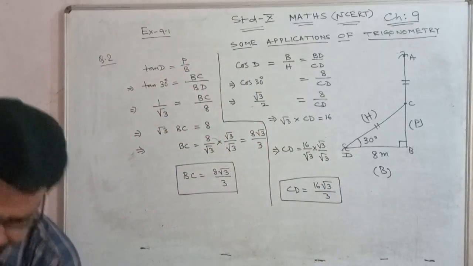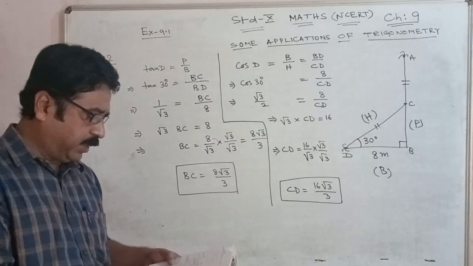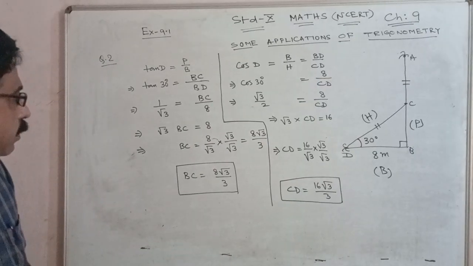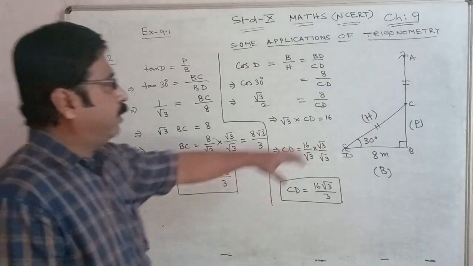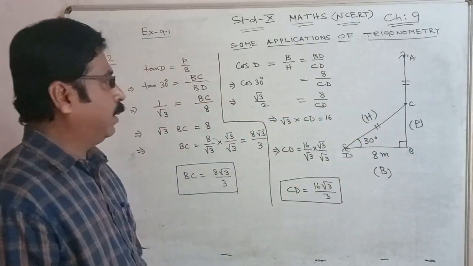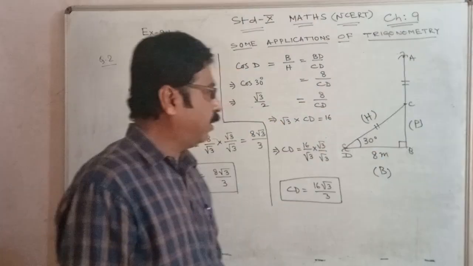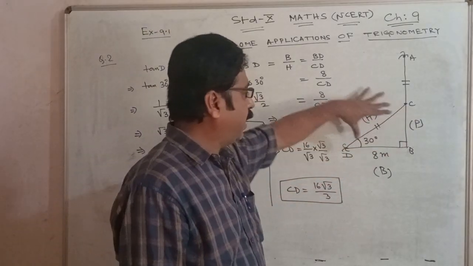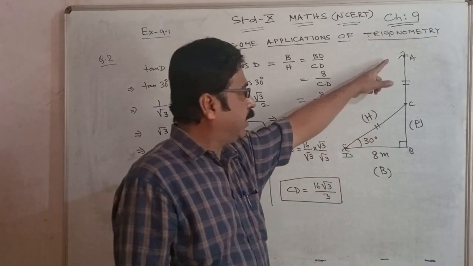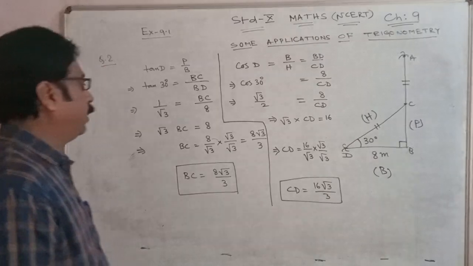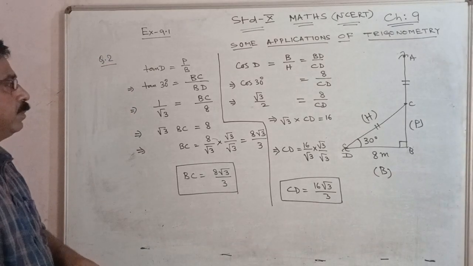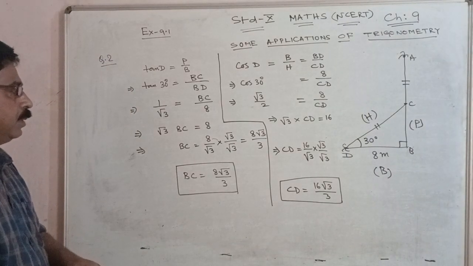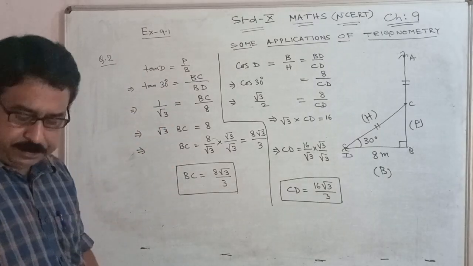We have to find the height of the tree. We got CD and BC also. So if we add BC plus CD, we will get AB. I have to clean this part.